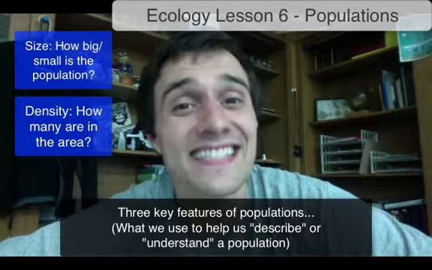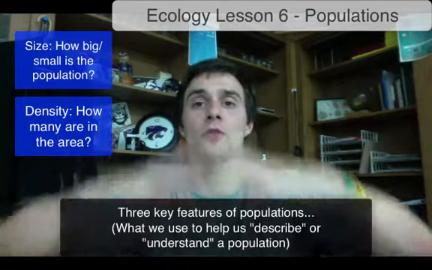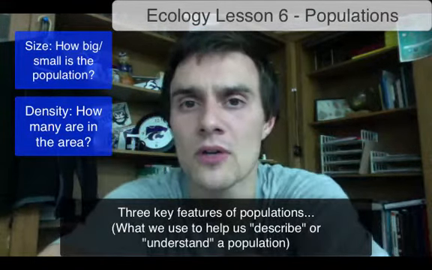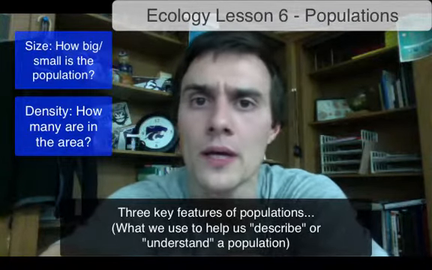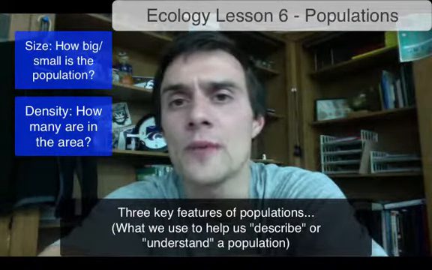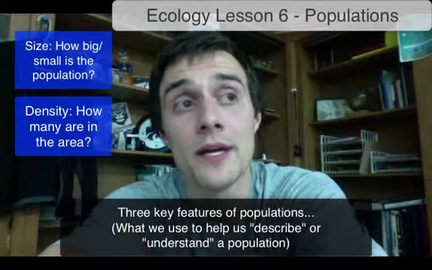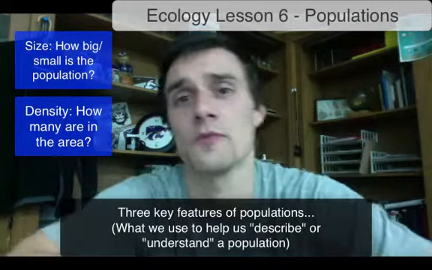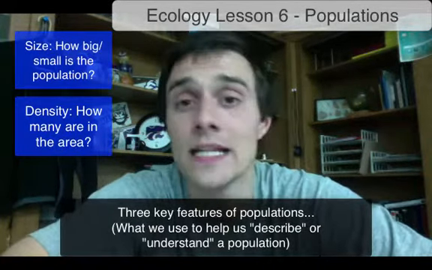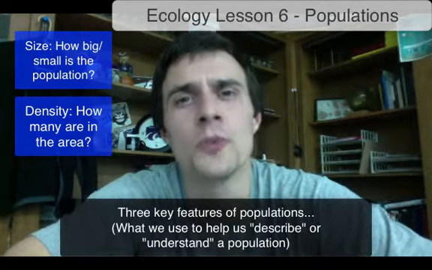Case in point, disease. If the density is lower, disease cannot necessarily travel from individual to individual as readily or as rapidly, whereas in a larger population, disease can spread like wildfire. So density can hint a lot towards a description of a population and help you better understand it.